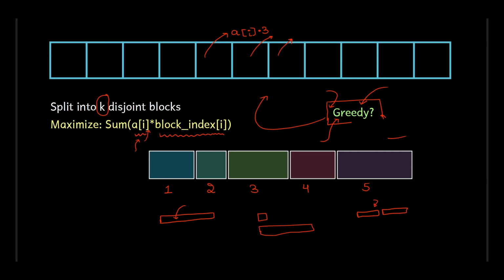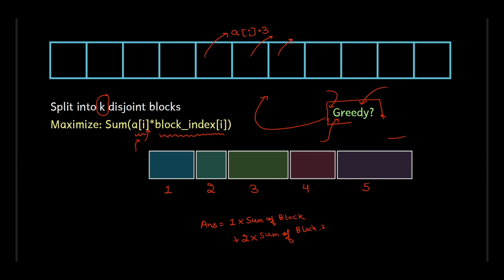So can I just reword it and say that the answer is equal to 1 into the sum of elements inside the first block, plus 2 into the sum of block 2, and so on.